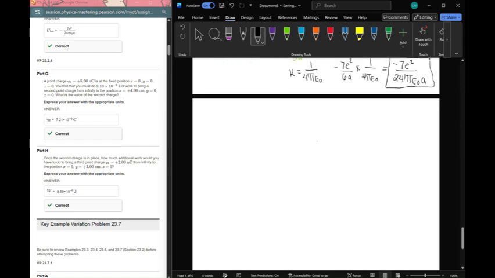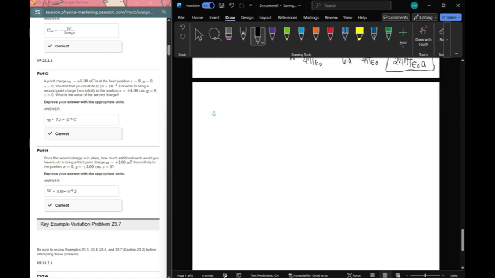Now we're gonna do part G. For part G, I'm gonna go ahead and draw the diagram. Let me read the question first. A point charge Q1 equal to positive 5.00 nanocoulombs is at the fixed position x equals 0, y equals 0, and z equals 0.